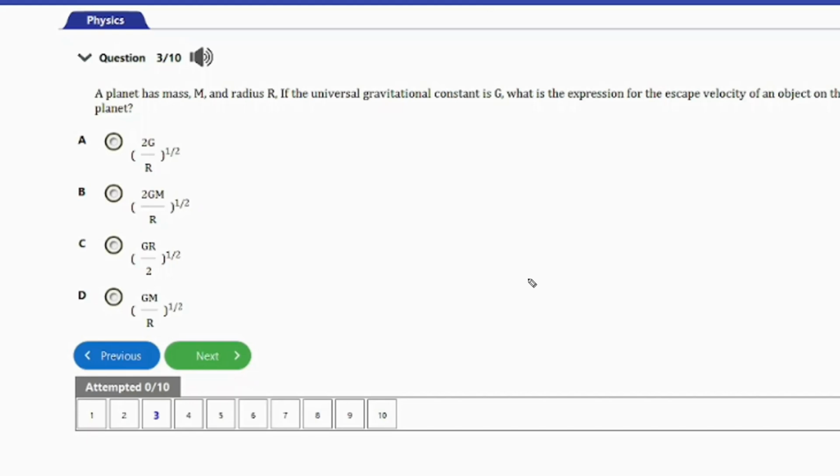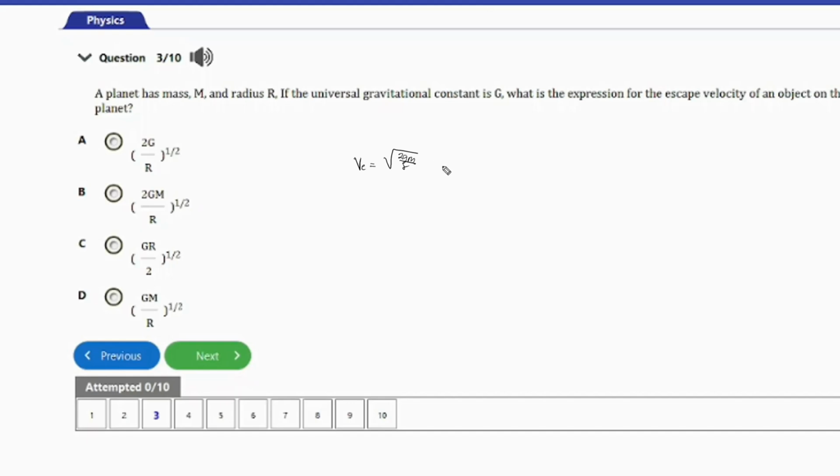So the next question here says, a planet has mass m and radius r. If the universal gravitational constant is g, what is the expression for the escape velocity of an object on the planet? So guys, this is just as simple as this. The escape velocity v sub e is going to be square root of 2 gm over r.